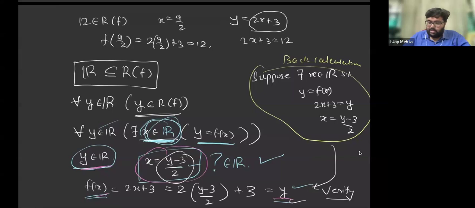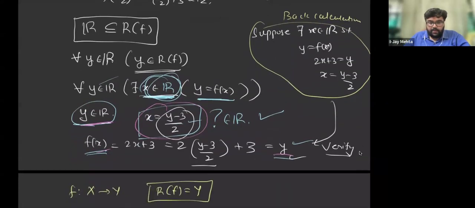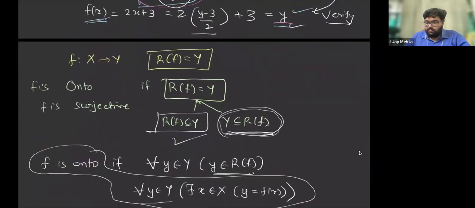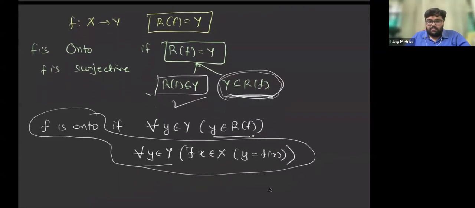So this function 2x plus 3 is onto. How many of you understand this? We have to show the range of f equals y, but we already know one inclusion, so we have to be smart and show only this. This is actually required: given any y, there exists x such that.